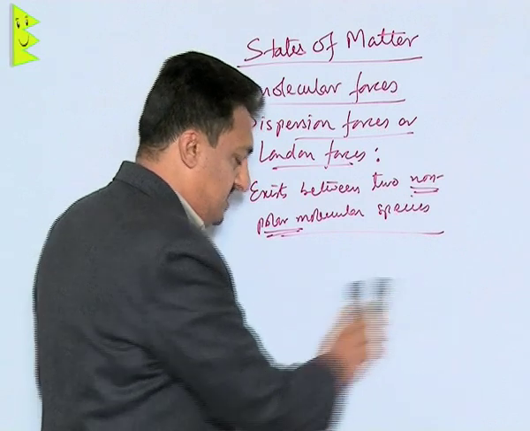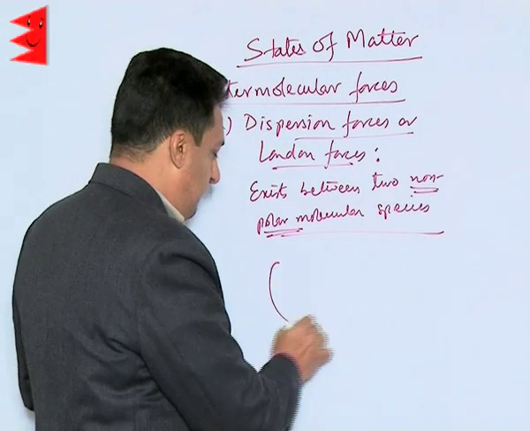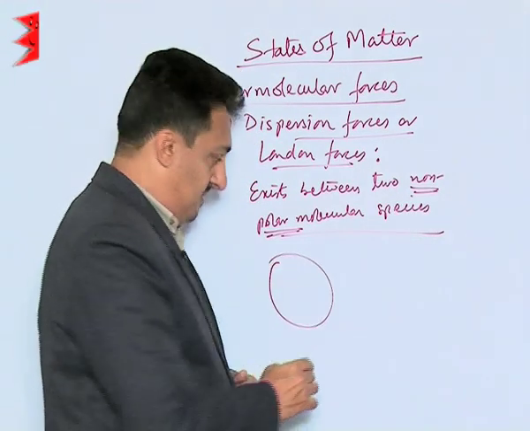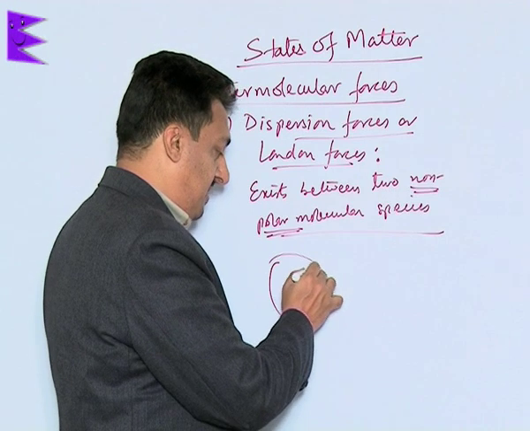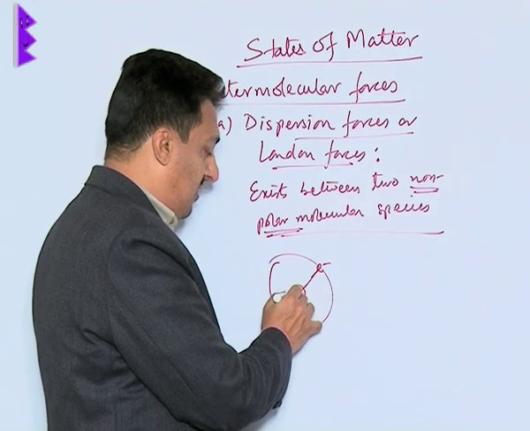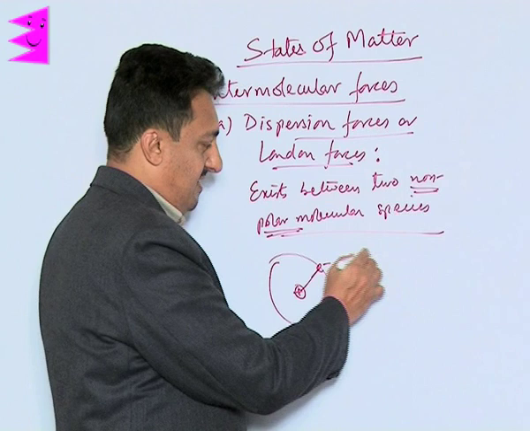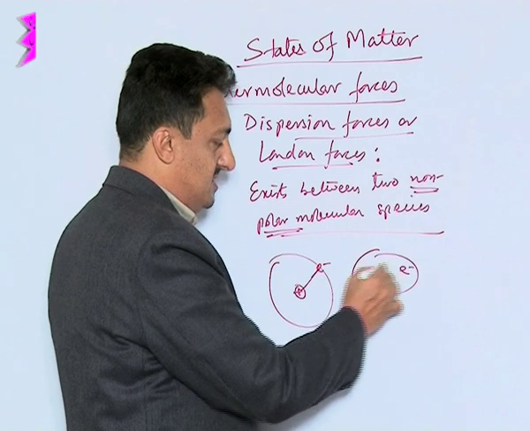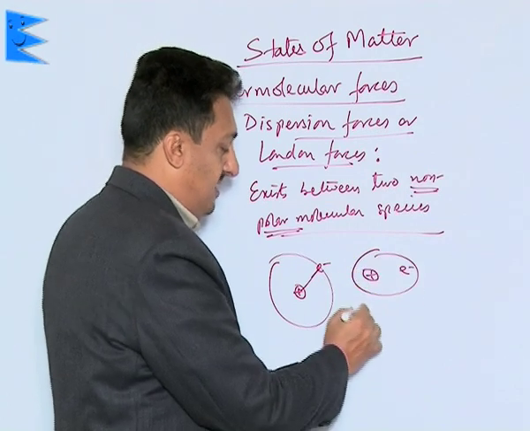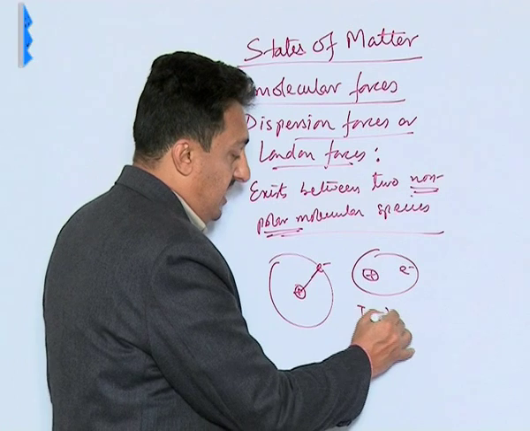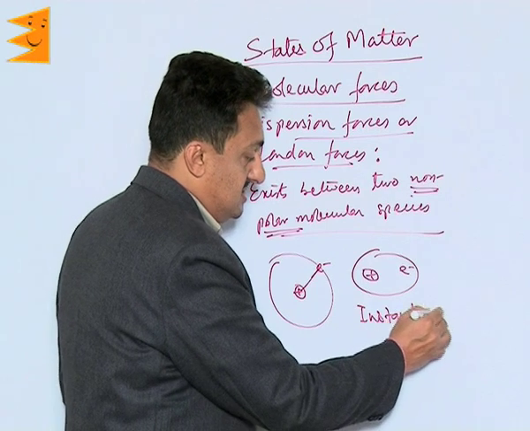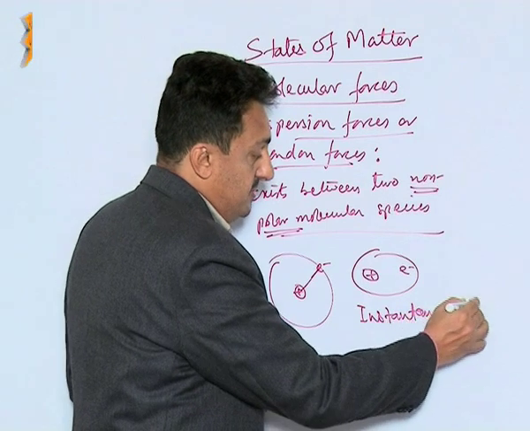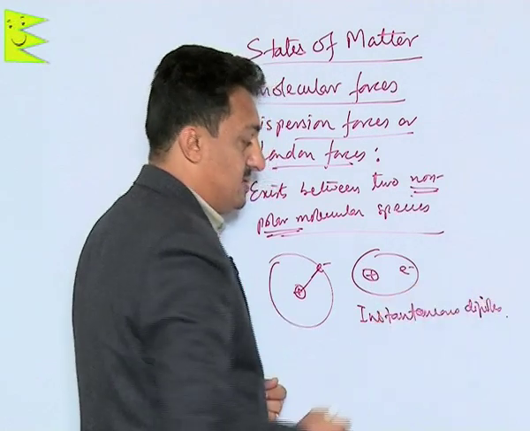Now how they work is, whenever we have these non-polar molecular species, at a certain point of time the electronic cloud in this particular molecular species gets distorted towards one side, and this results in the formation of instantaneous dipoles or temporary dipoles.